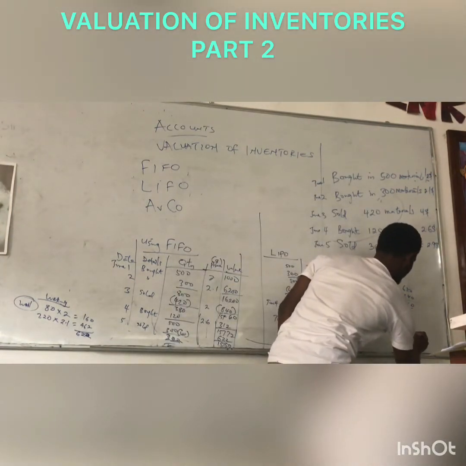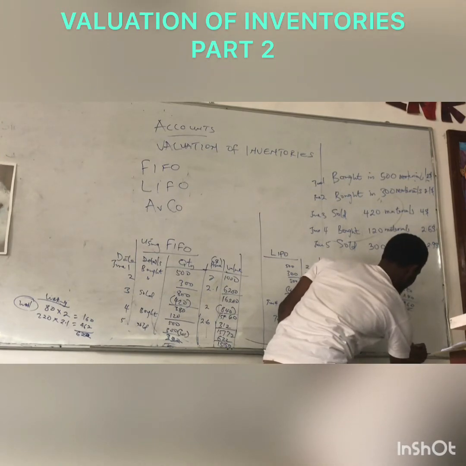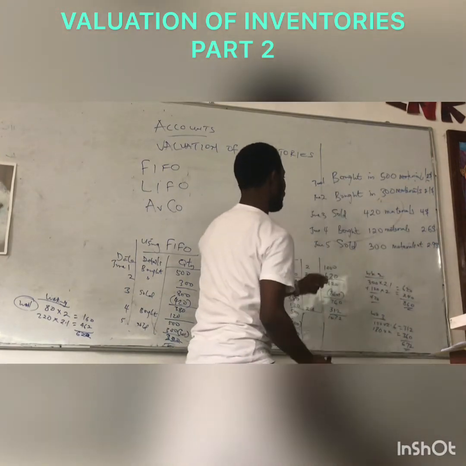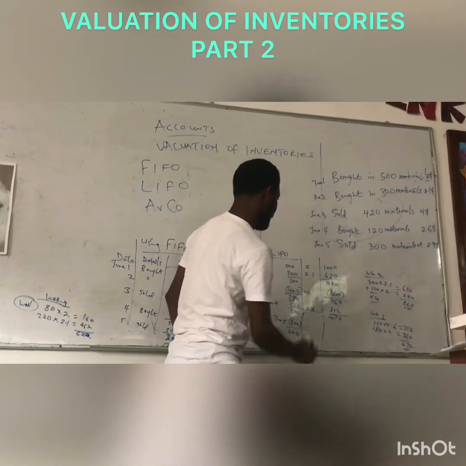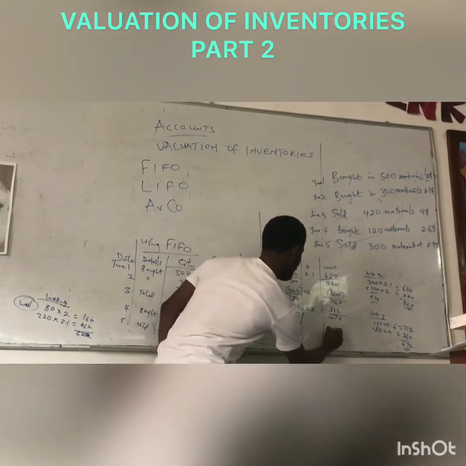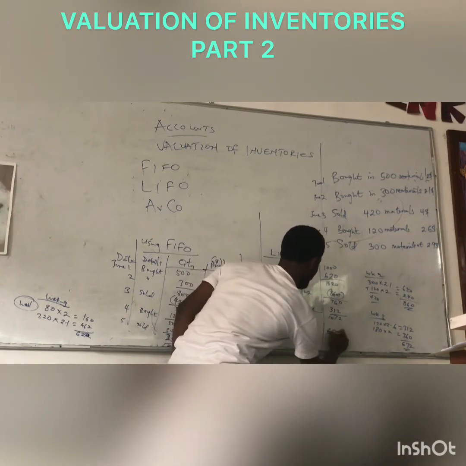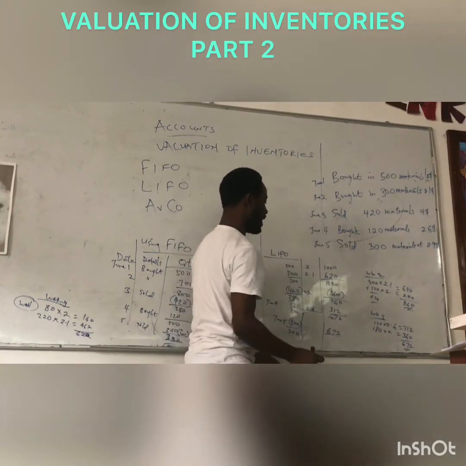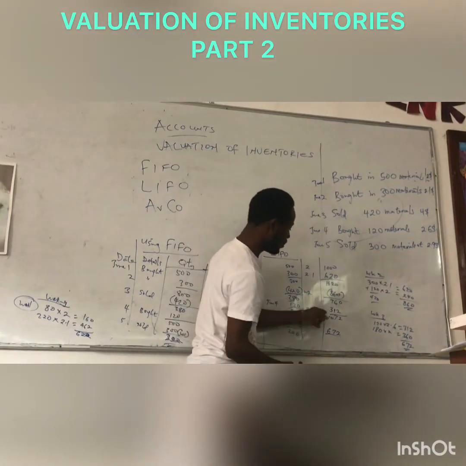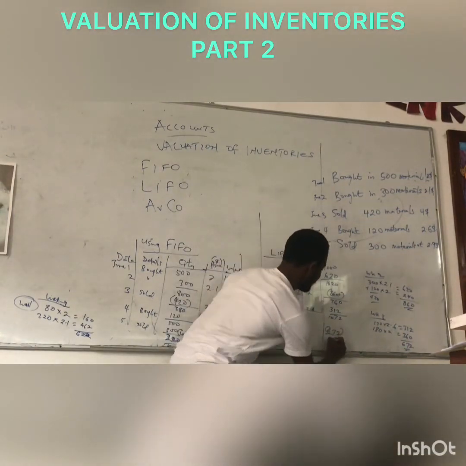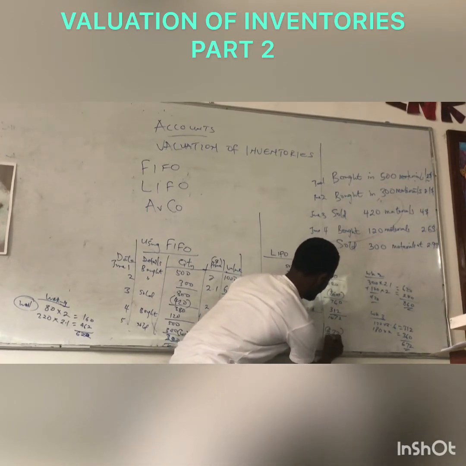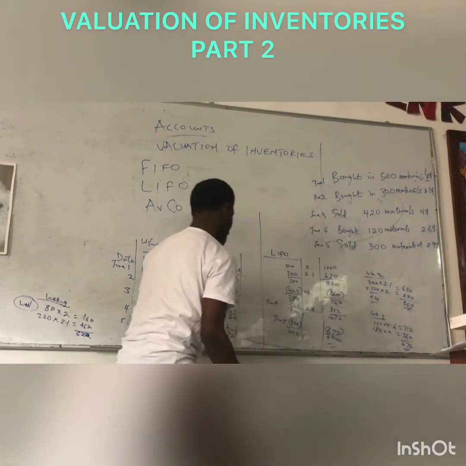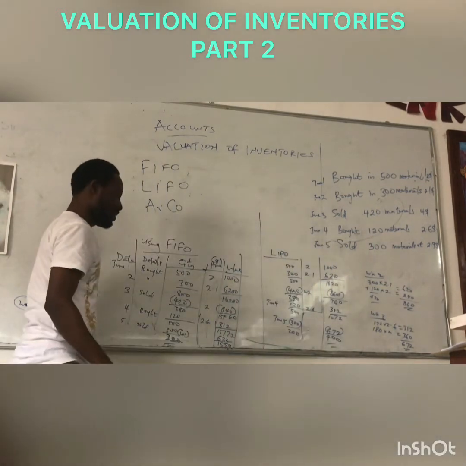So 312 plus 360 is 672. So 672 is the cost of units sold here. So the value of goods at the end of the period is 1072 minus 672, that's 400.